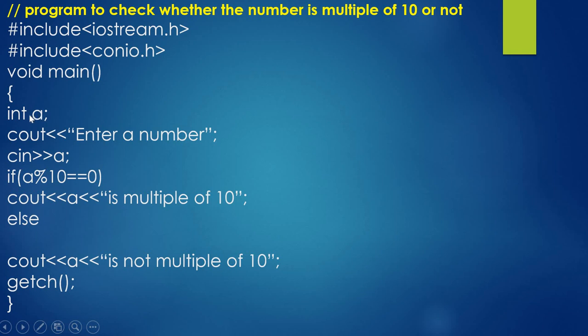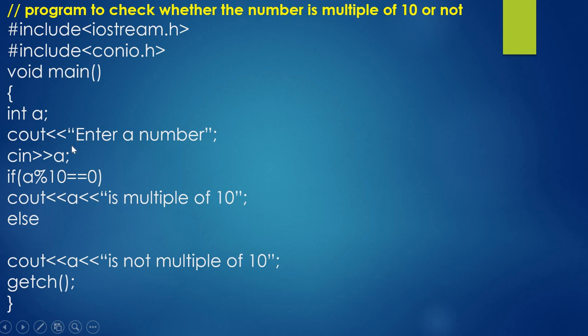That number is A, integer A. Then cout, enter that number, cin A. Then if A mod 10 equal to 0, that is the remainder of A divided by 10 is equal to 0, then we can tell that A is a multiple of 10. A means which value it will print. If you give 20, it will print the value of A, that is 20 is a multiple of 10.